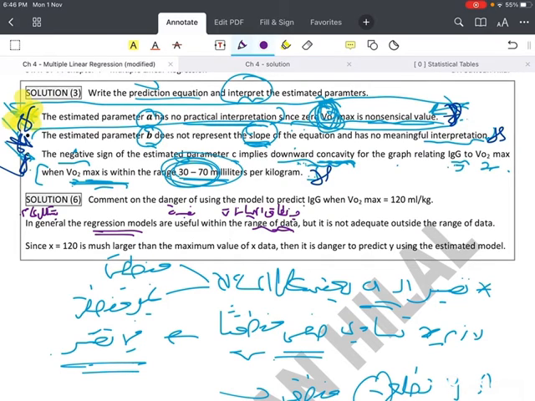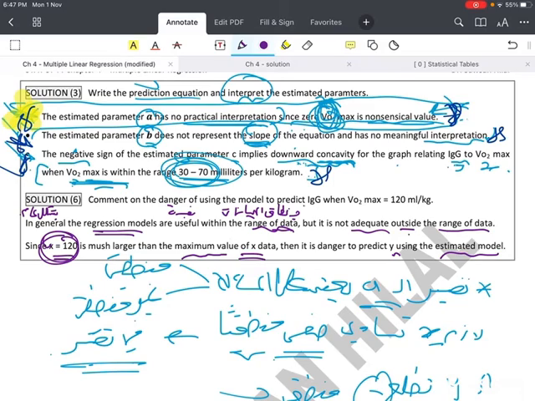So when x is 120, it is much larger than the maximum value of the data of x. Then it is dangerous to predict y using the estimated model. The value that comes out is not logical and not useful.